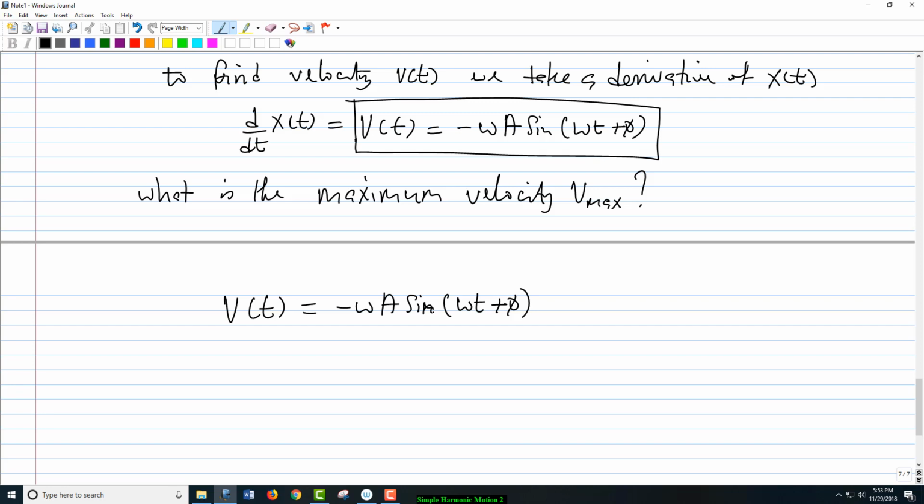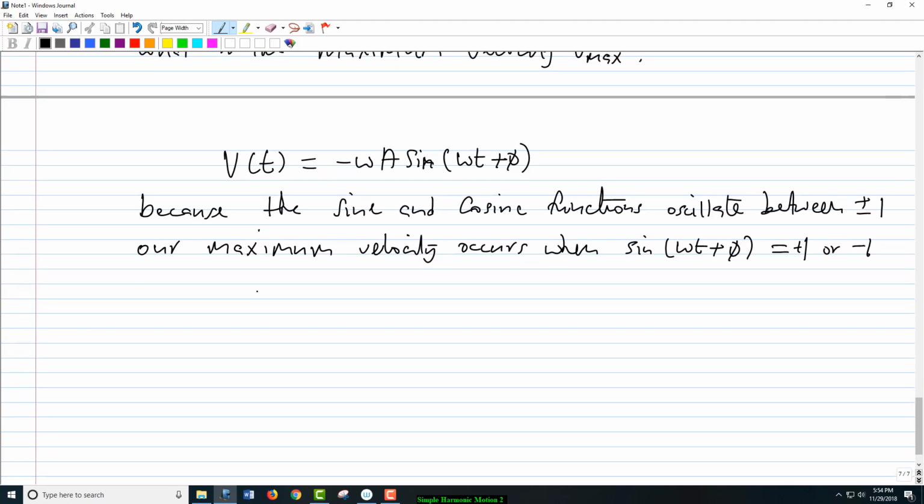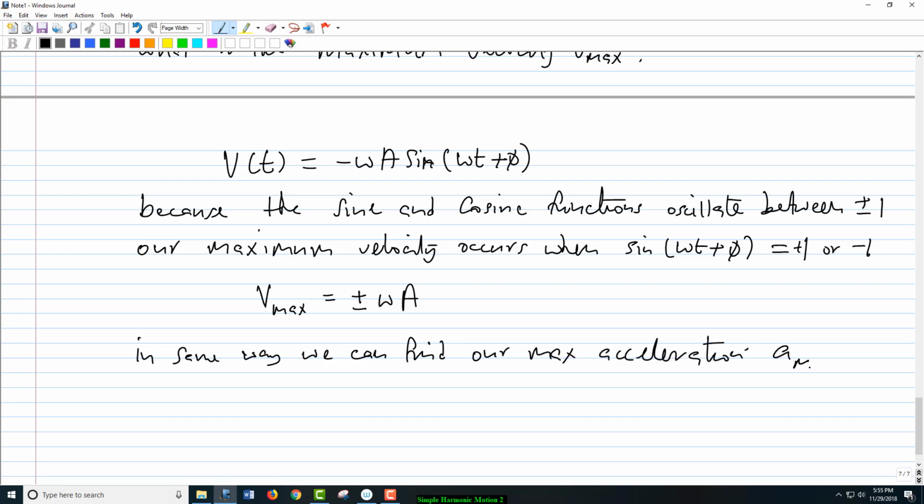That is when the cosine and sine functions lie at plus or minus 1. So our maximum velocity can be written as v max will be equal to plus or minus omega a.